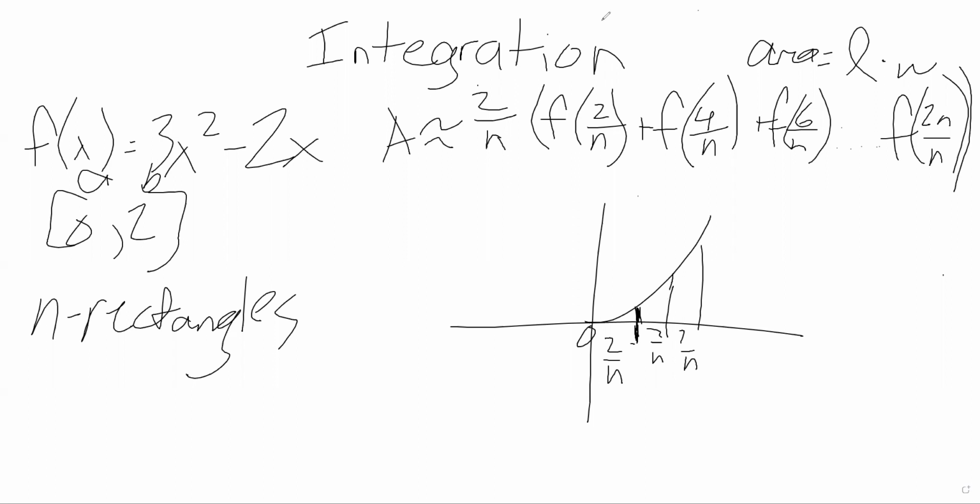So this value would be 2 over n. This value would be 4 over n. This value would be 6 over n. So you take that x value and you plug it into the function. Okay. And what that would do is give you rectangles like this. But when they're so small, that little error does not matter because they're infinitesimally small.